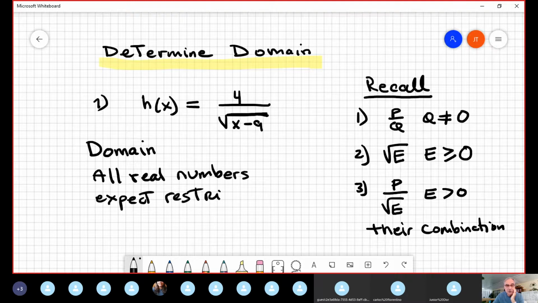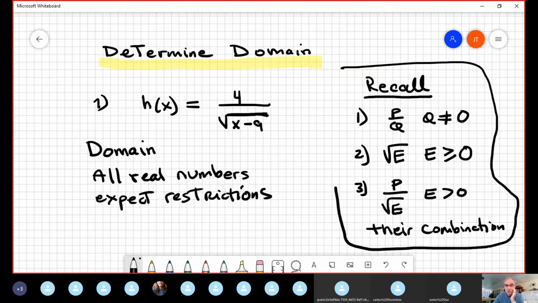And the restrictions are that part, the part I recalled.